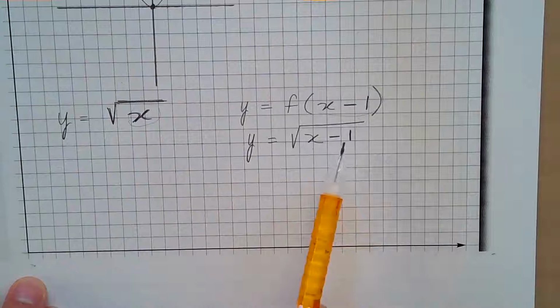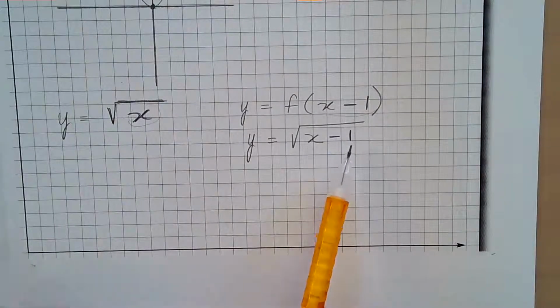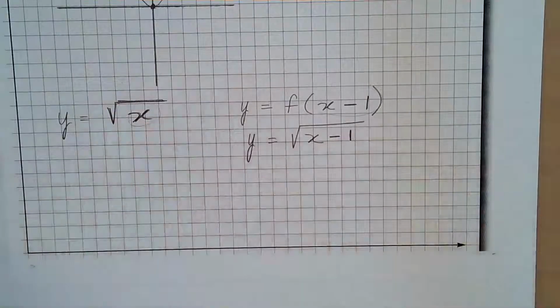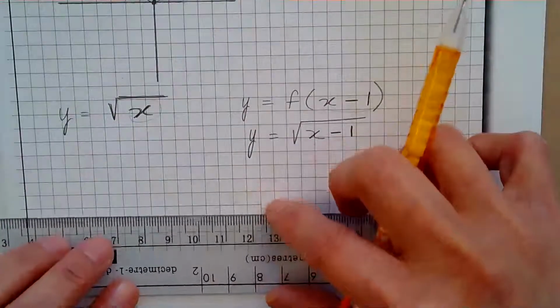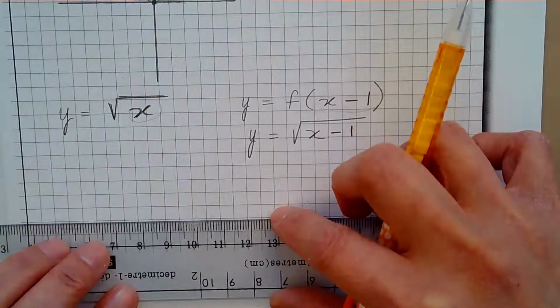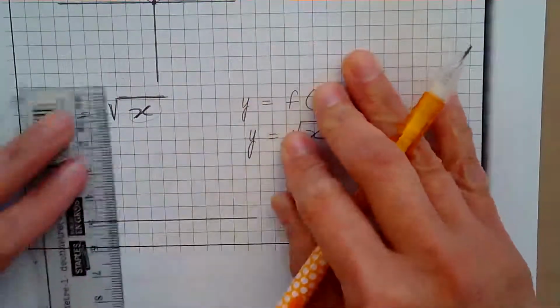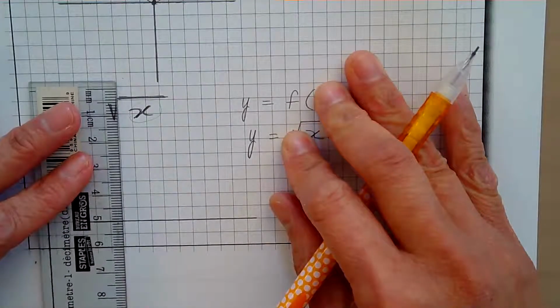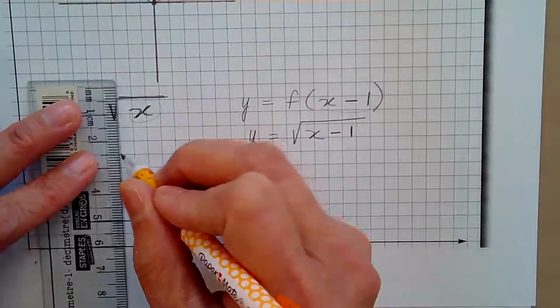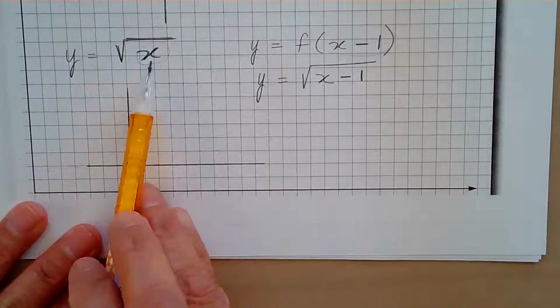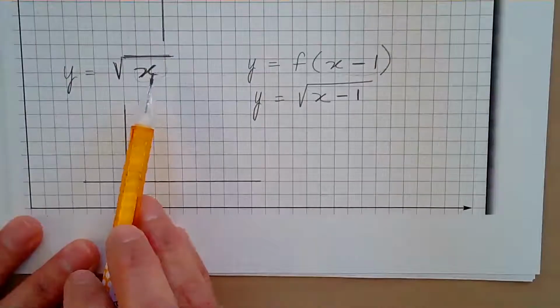What kind of transformation is this? Horizontal translation, shifting 1 unit to the right. Perfect. Okay, what graph does this look like? If x is 0, y is 0.